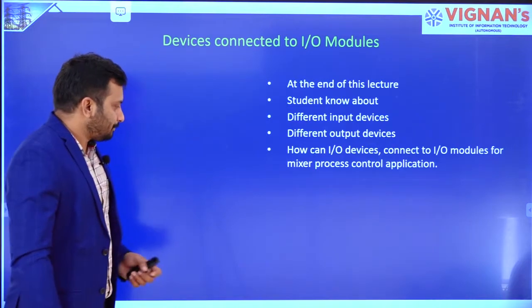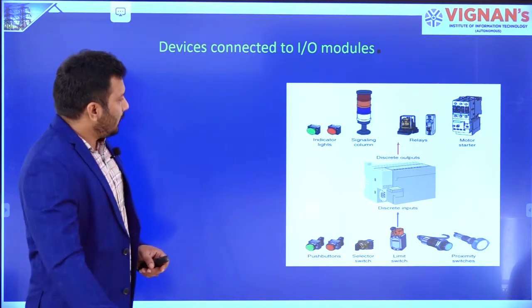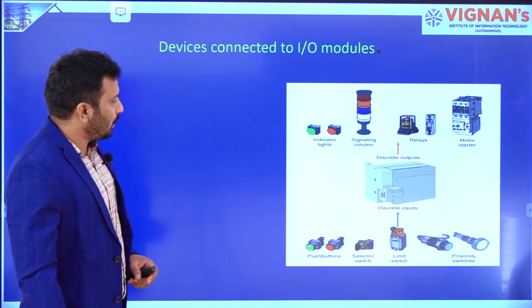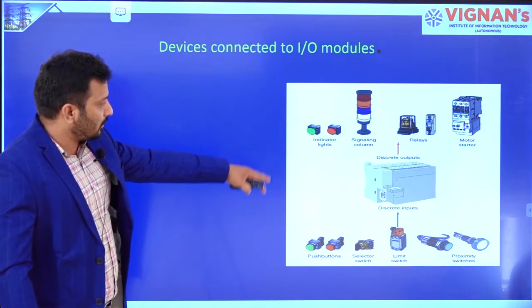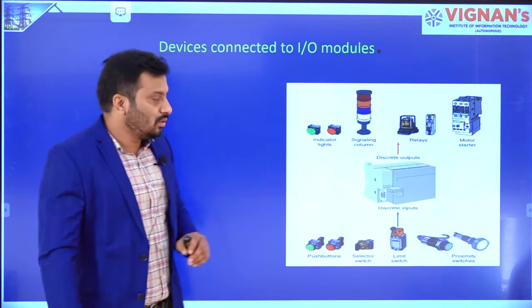Let us see one by one now. Here you can see some input and output devices which are connected to the PLC module, or you can say the I/O module.